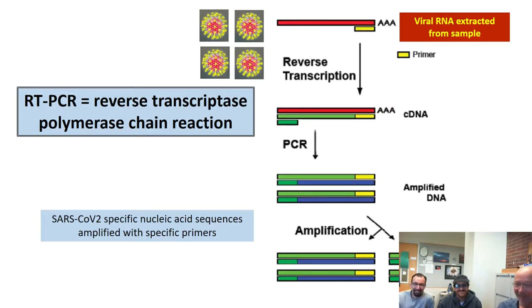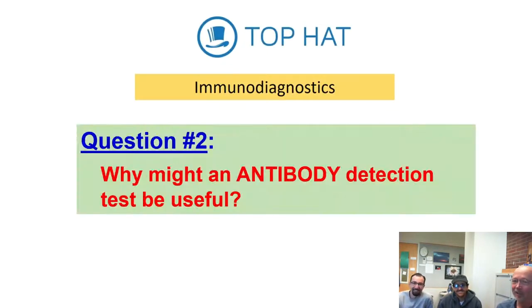Be patient. Okay, so there's a couple questions for you guys to think about here. And again, I want you to go to Top Hat and answer these two questions. The first one is a multiple choice question, and the second is a discussion question. Why might an antibody detection test be useful?